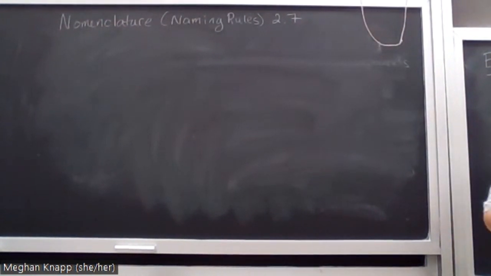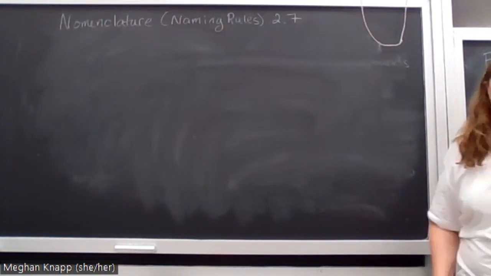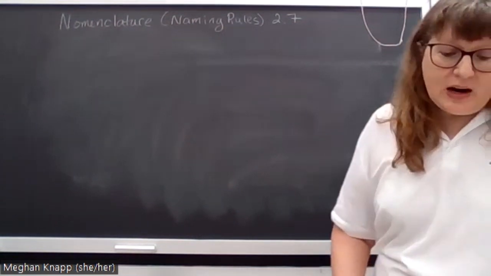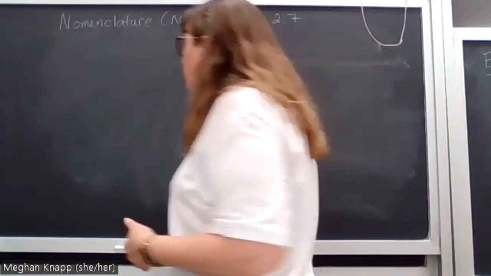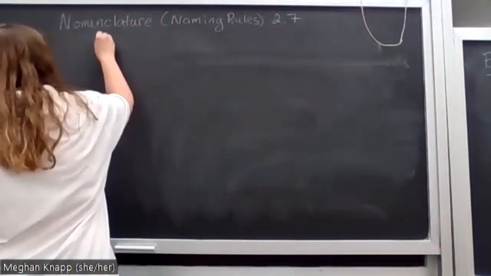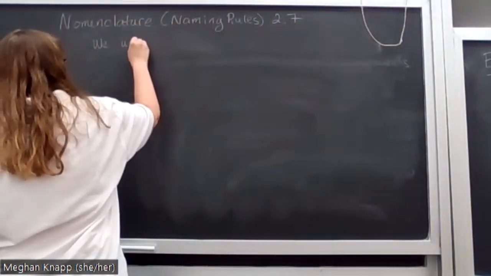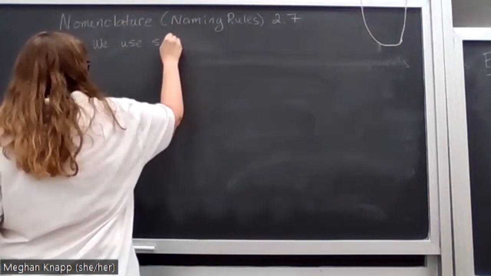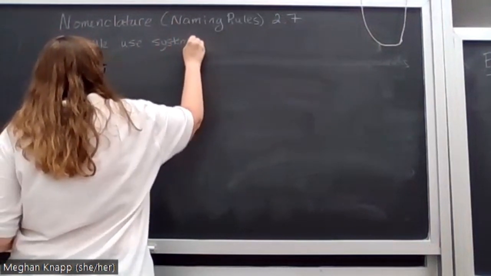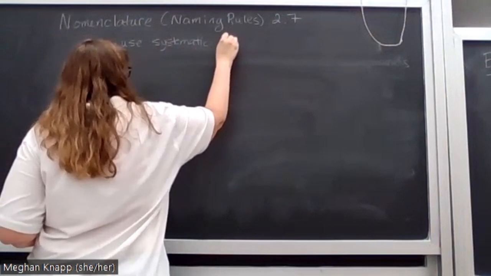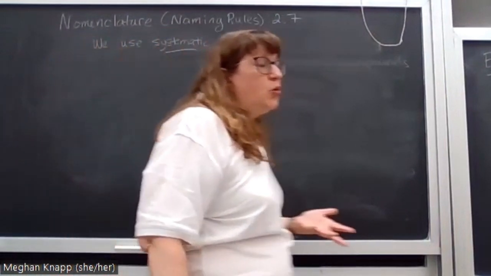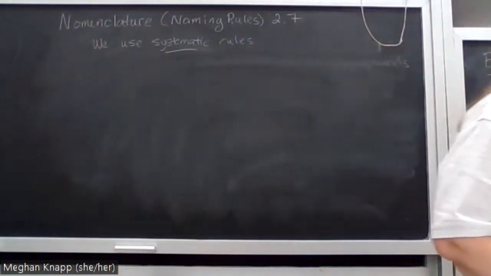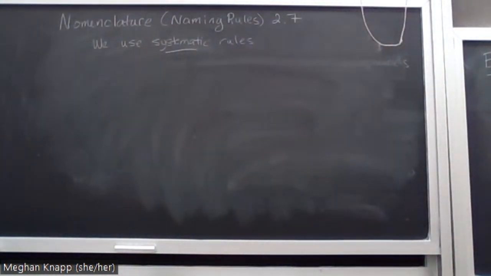And so nomenclature just means how we name compounds. So the first thing that I want to say is that we are going to use the systematic rules. And so when I ask you on a test or a quiz, that's what I want. So if you Google something and say, what's the name of this compound?